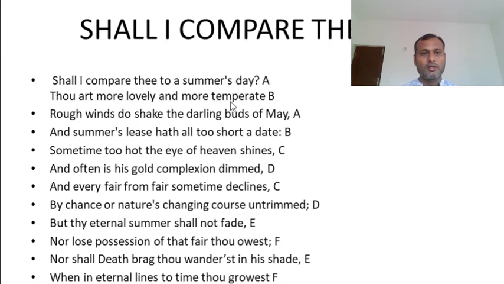"More" is a comparative degree: much, more, most. When you compare two things, you have to use a comparative degree. So he is addressing his friend, because sonnets 1 to 126 are addressed to his friend, the Earl of Southampton.